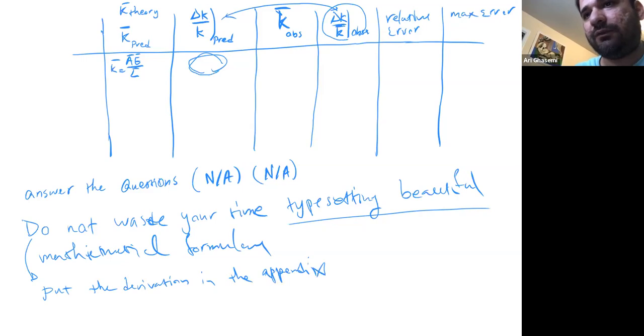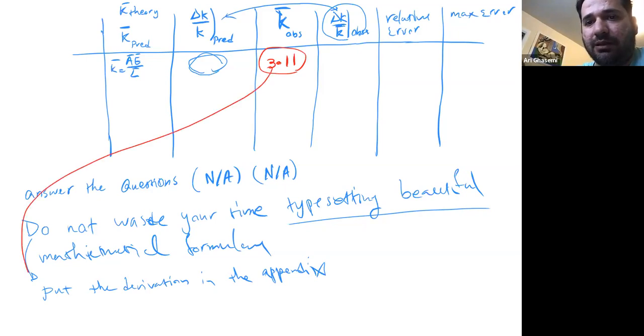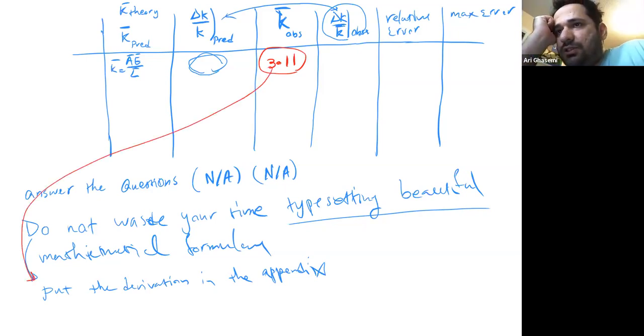For example, here you put a number, for example 3.11. I want to see how you got that 3.11. So I go to the appendix, and I see you're deriving some equation, or you did some fitting to the curve, and the slope of the line and things like that. I want to see that.